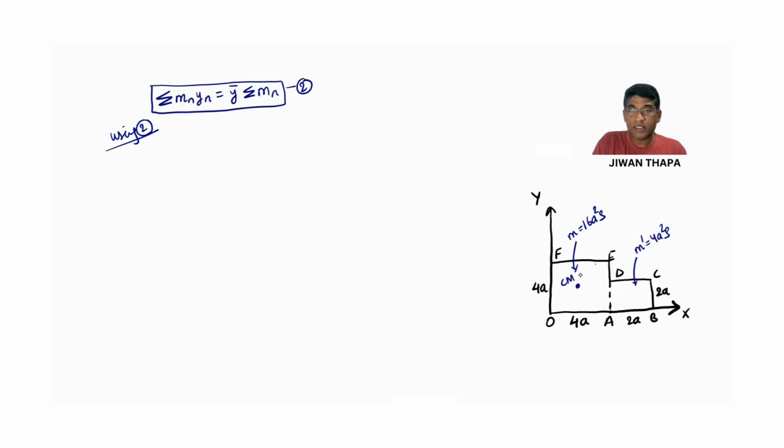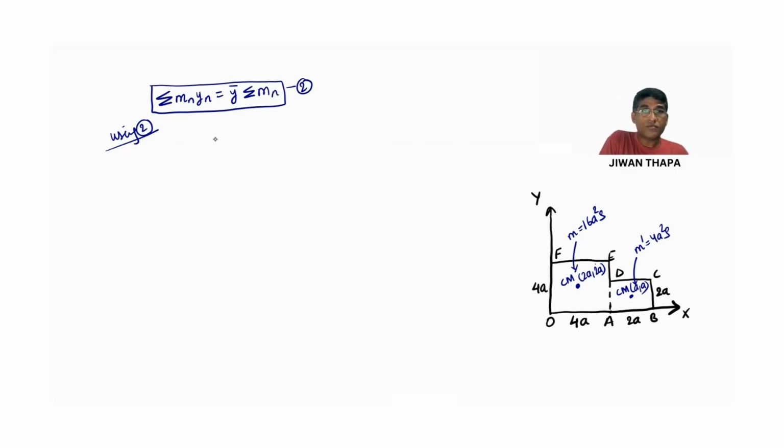The center of mass is at its geometrical center, and the coordinate is twice a comma twice a, and the center of mass of this lamina is at its geometrical center, and its coordinate is a comma a. We are finding center of mass from the origin O. This is a very important point to be noted.